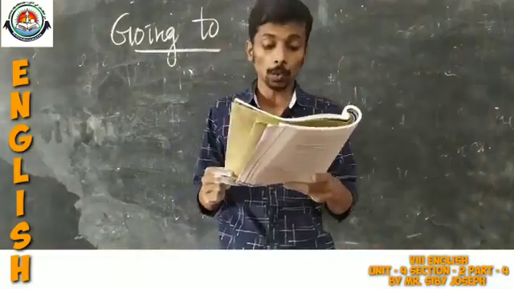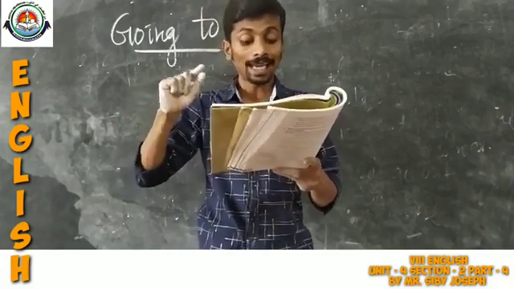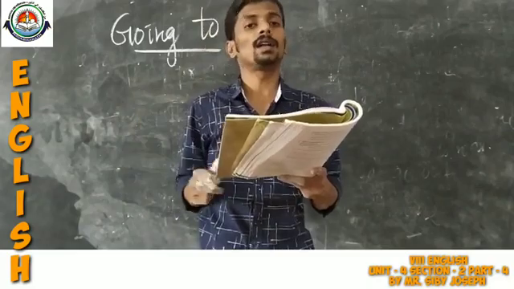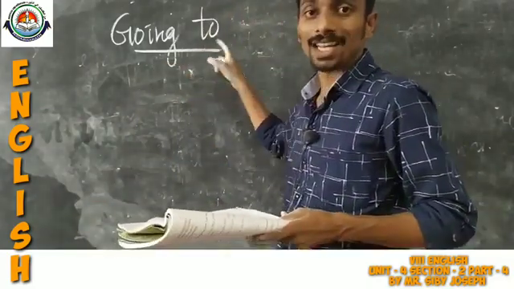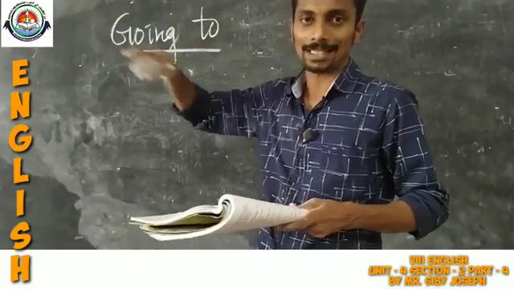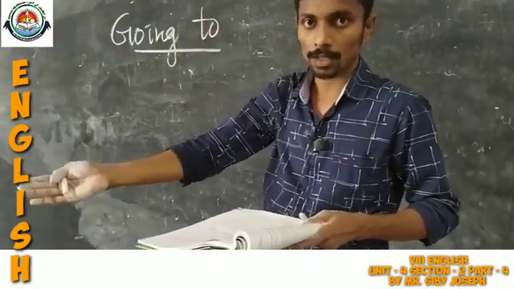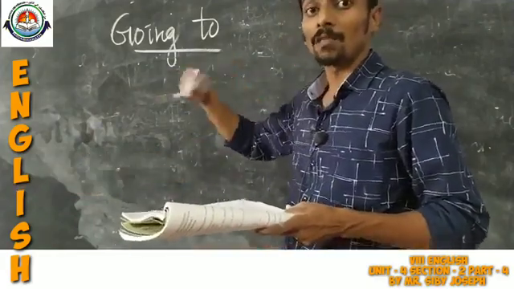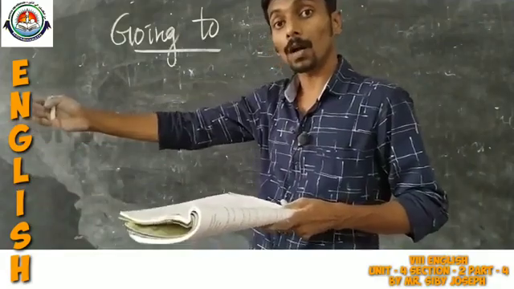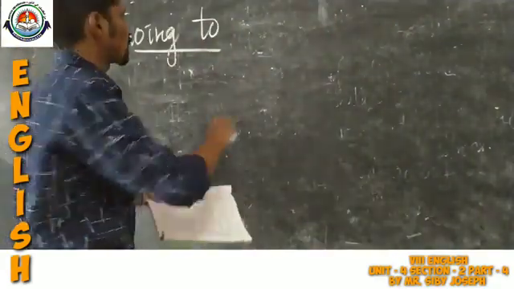We use going to when we say what we have already decided to do or what we intend to do in the future. So going to can also be used in a future sense.